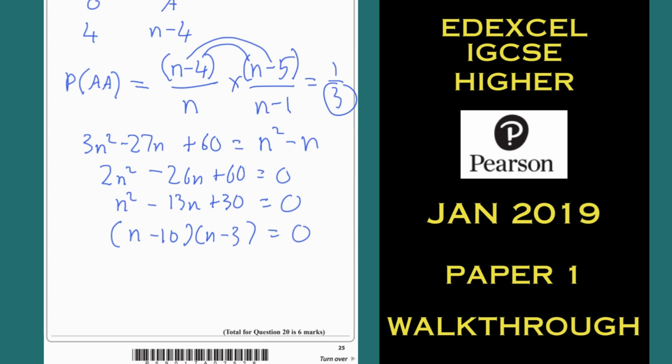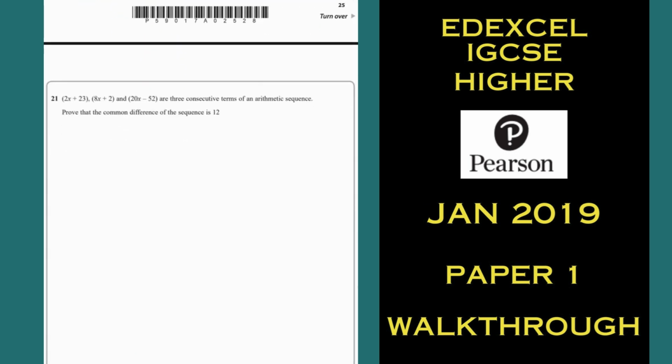But n cannot be equal to 3. Can't be an answer because n, 3 minus 4, doesn't make sense. You can't have -1 apples. 3 is not big enough. So n is 10. Next up.